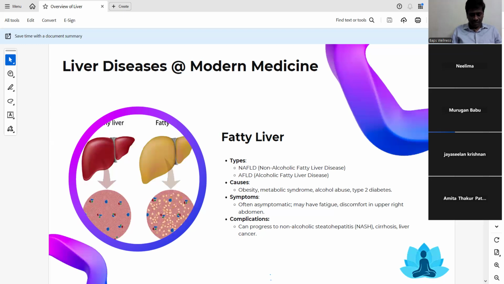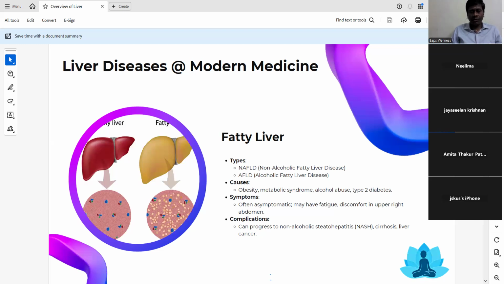In the last class I explained in detail how the liver is involved in glucose regulation, blood sugar regulation in the body, what the involvement of the sympathetic and parasympathetic nervous system is, and how the liver reacts to that.